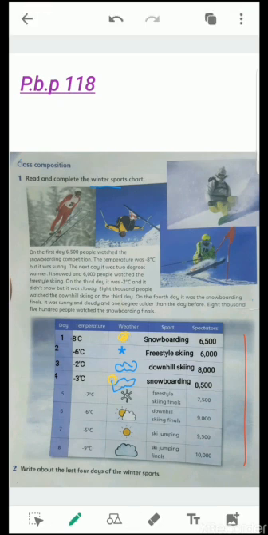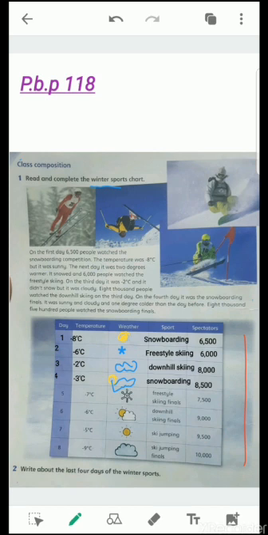Okay? We have the number of spectators, the number of the day, we have the name of the extreme sport, and we have the temperature, which is -8, سالب 8 تحت الصفر, and we have the weather, sunny. So we write the information underneath.